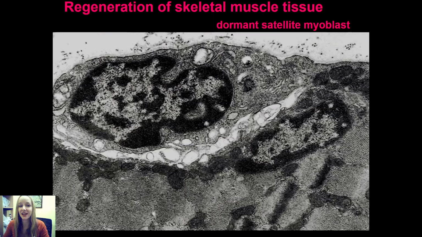We have these dormant satellite myoblasts. Satellite is a very strange name, because you already know satellite cells in the nervous tissue, the cells that support neurons in ganglia in the peripheral nervous system. But these myoblasts are really undifferentiated cells.